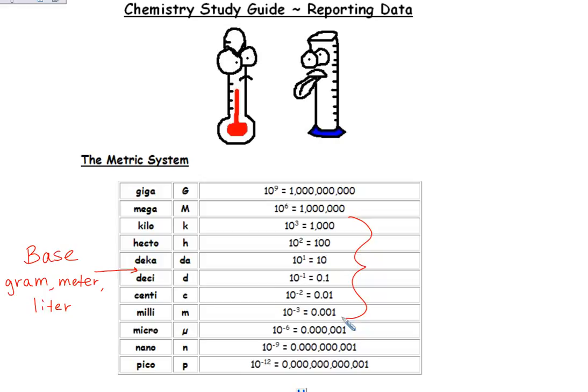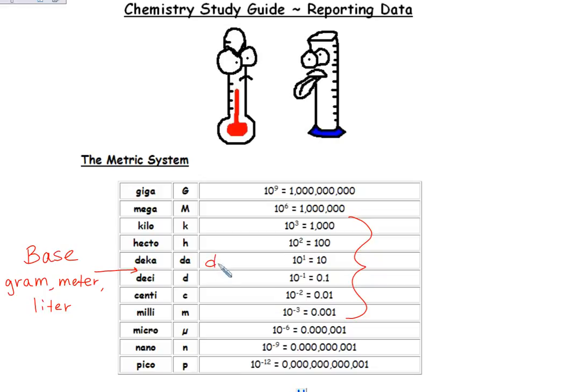The ones that they sometimes miss are deca and deci. Deca is symbol DA. That one means 10. That's the bigger one. Deci is 1/10. So deci is small. Now, this deca, here they have it spelled D-E-K-A.